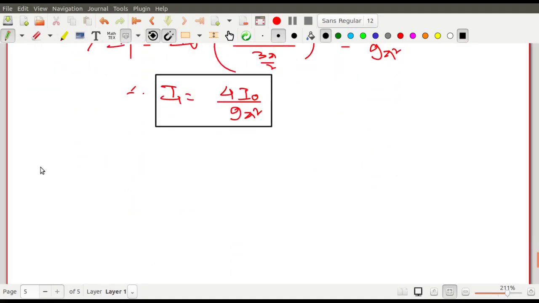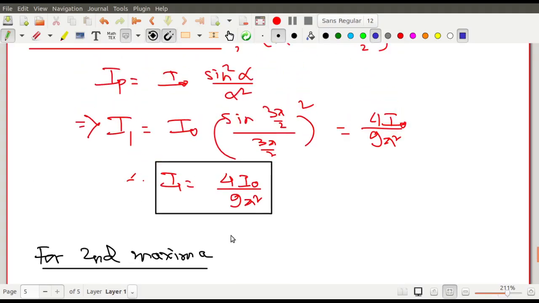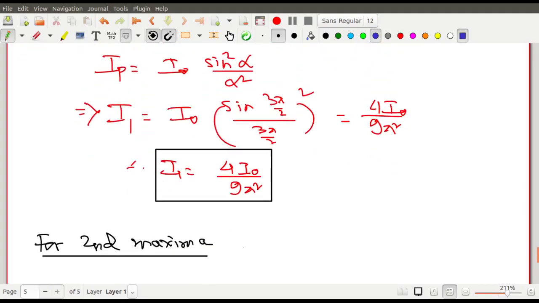Okay, now for the second maxima, what happens for the second maxima? Second maxima means alpha equals plus minus 5 pi by 2.